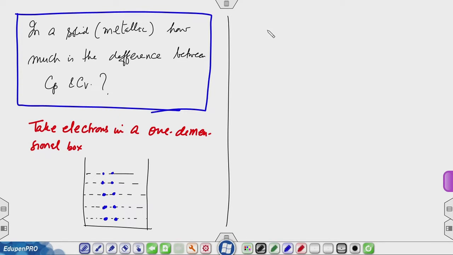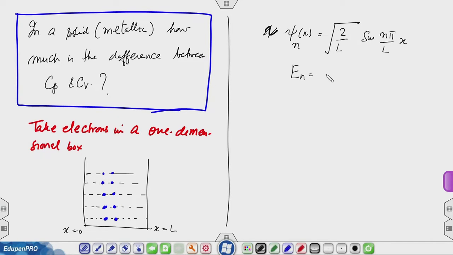In this case the wave function psi_n(x), for the nth level, is equal to square root of 2 over L times sin(n pi x over L), where I have taken the box to be between x equals 0 and x equals L. The energy of the nth level is equal to h cross squared pi squared over 2 m L squared, times n squared.